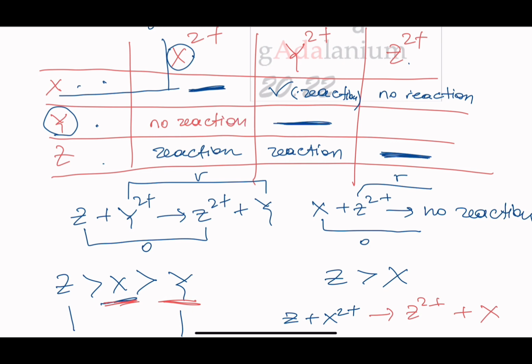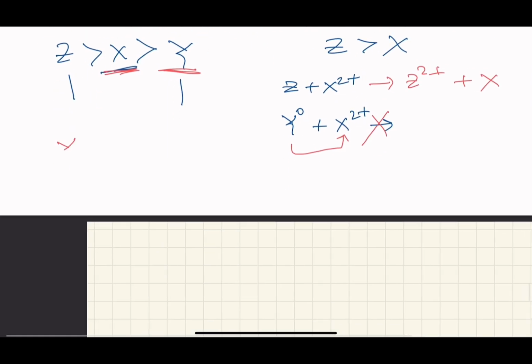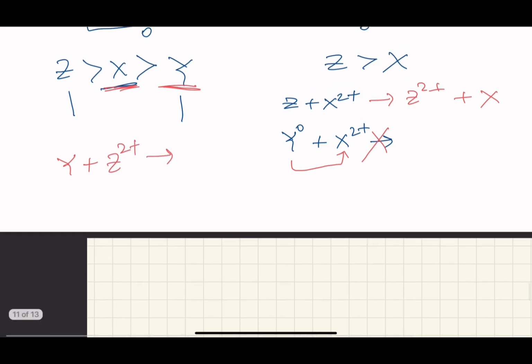Okay, now we have left only this one: Y with Z plus 2. So let's look at here. I know that Y is less reactive than Z, so Y cannot kick this one out.